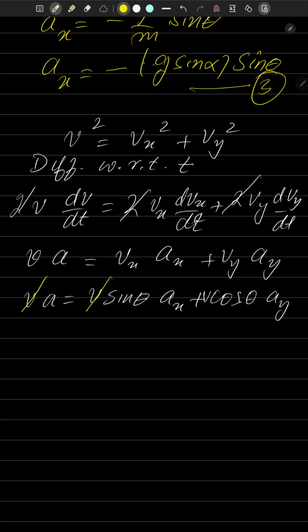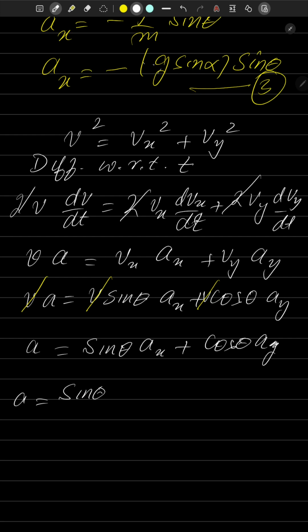This is the v that gets cancelled out, and you get the net acceleration of the body as sine theta times acceleration along x plus cos theta times acceleration along y. Again, let us use the value of sine theta.